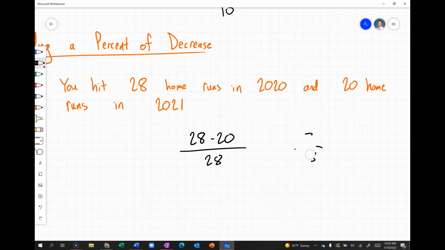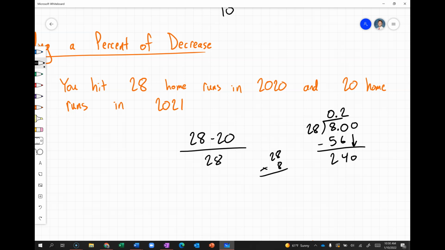So 8 divided by 28. 28 goes into 8 0 times. 28 goes into 80 twice. That would be 56. 28 goes into 240 8 times. That's 224.